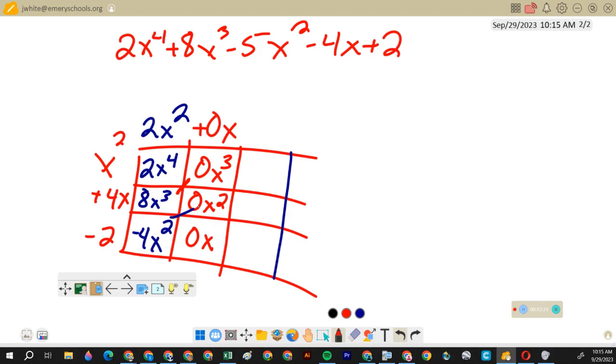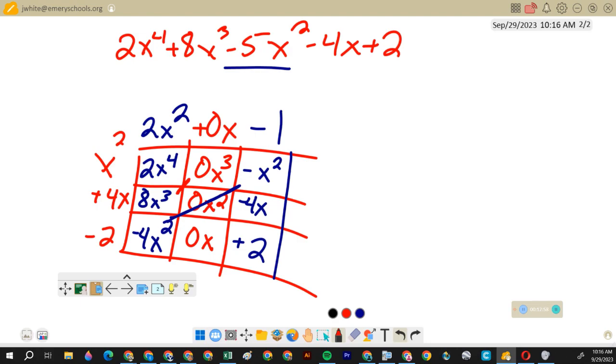Now, these 3 need to add to be negative 5. Minus x squared. So minus x squared. Okay. Pull out an x squared and I get negative 1. Negative 1 times 4x is negative 4x. And negative 1 times negative 2 is plus 2. Okay.